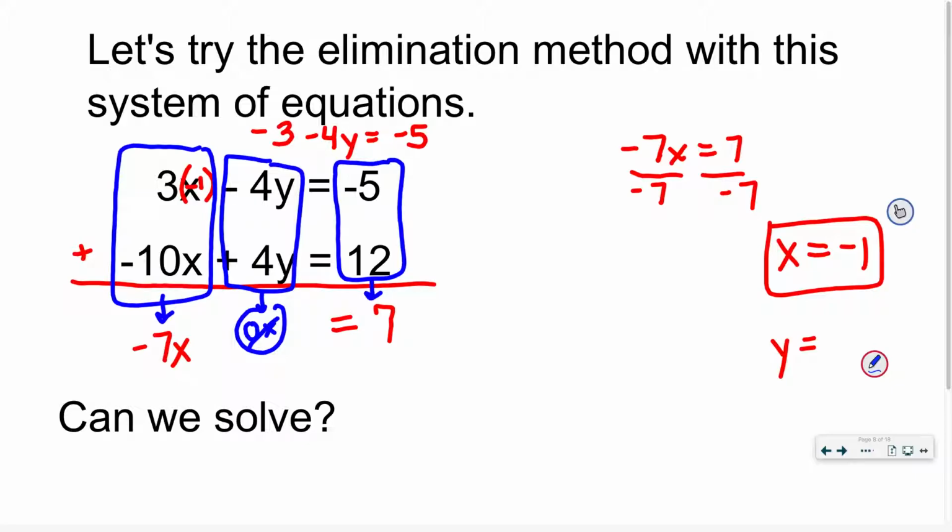I added the 3 to the negative 5. So are you adding a negative 3 or are you adding 3? Adding 3. Good. So then we have negative 4y equals what? What's negative 5 plus 3? Negative 2. And then y equals 1/2. Just like this.